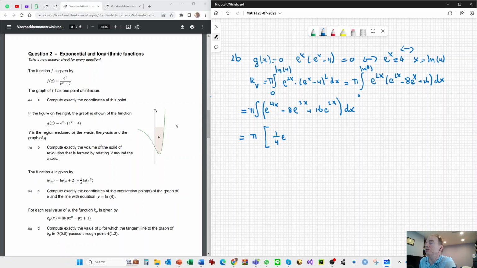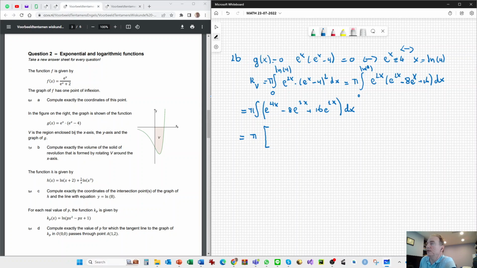So you get e to the power 5x, actually 1 over 5 then. E to the power 5x, take the, no, what do I do? Oops.